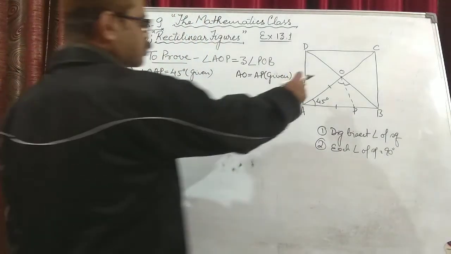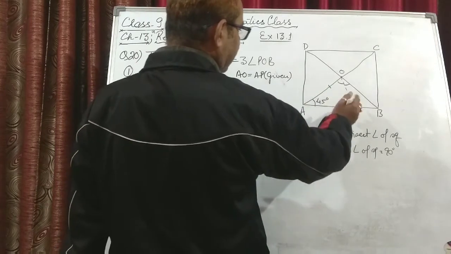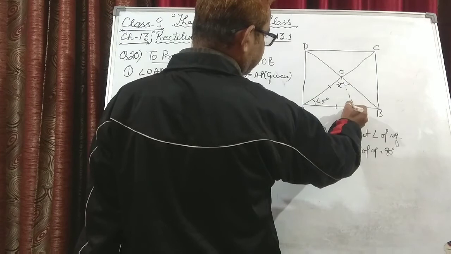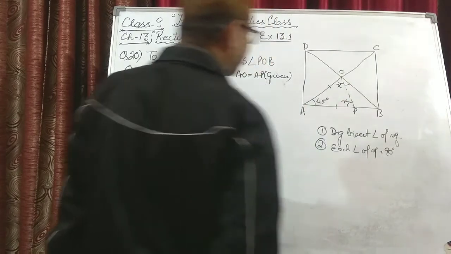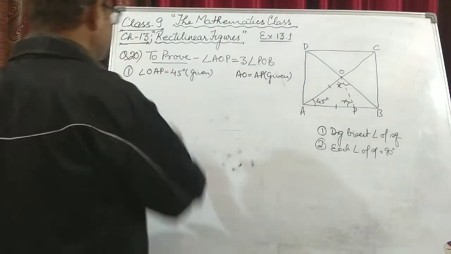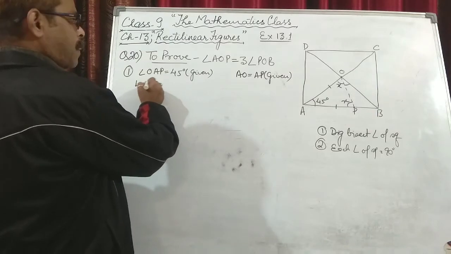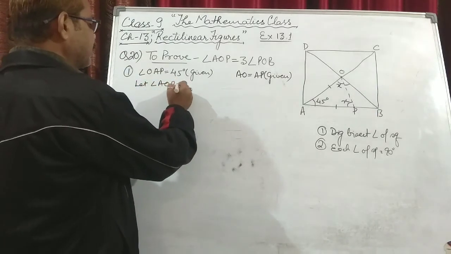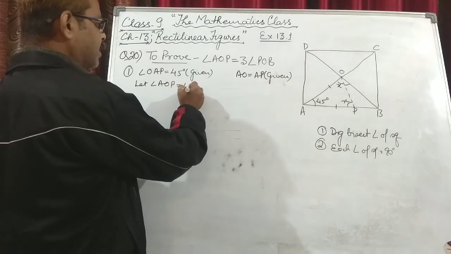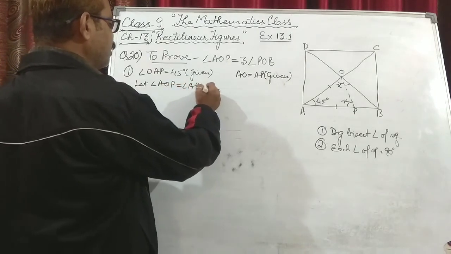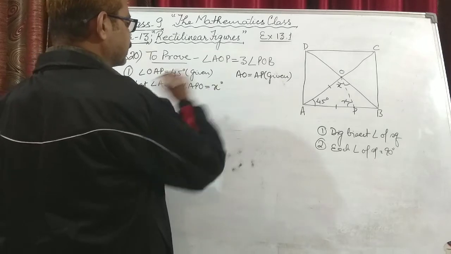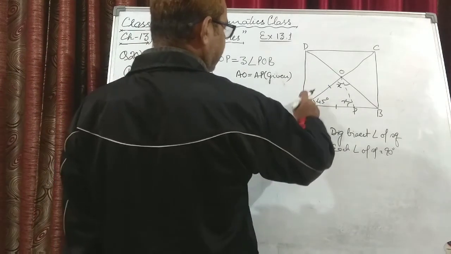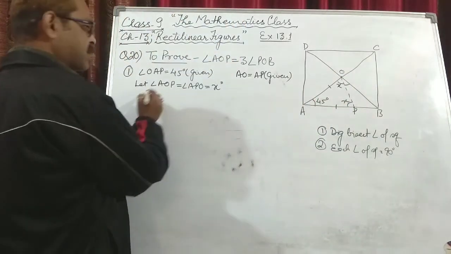Now if these two sides are equal, it means whatever is the value of this angle, the same will be the value of the other angle. So let angle AOP is equal to angle APO is equal to x degrees. Now when these two sides are equal, AOP becomes an isosceles triangle.